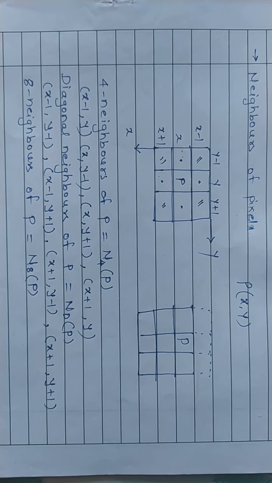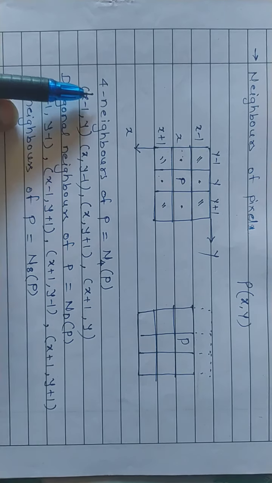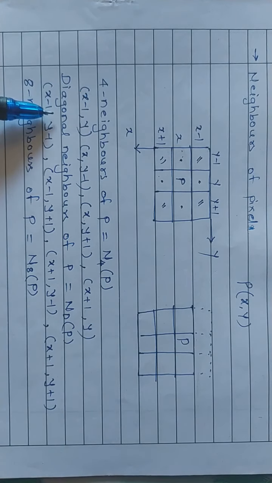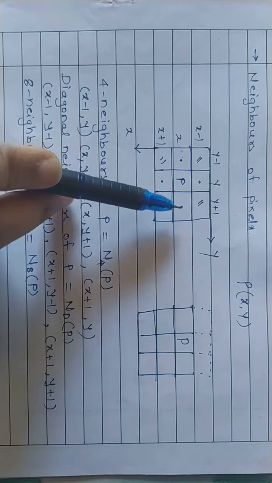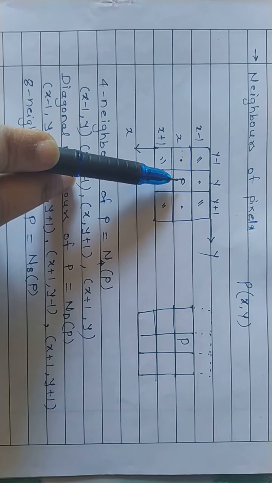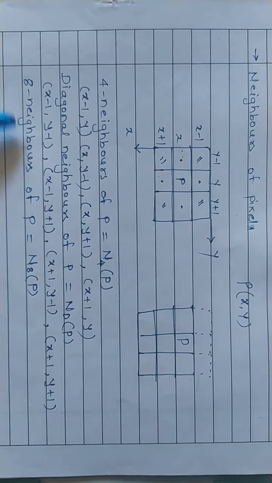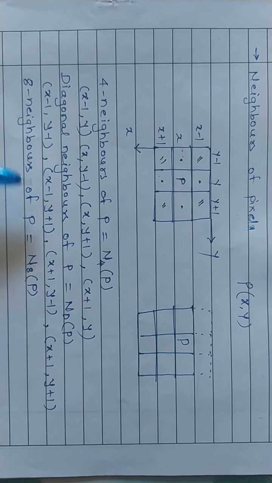This N8P is a combination of the 4 neighbors and the diagonal neighbors of pixel P. So all the pixels around this pixel P are the 8 neighbors of pixel P. That means the combination of 4 neighbors and diagonal neighbors is the 8 neighbors, represented as N8P.